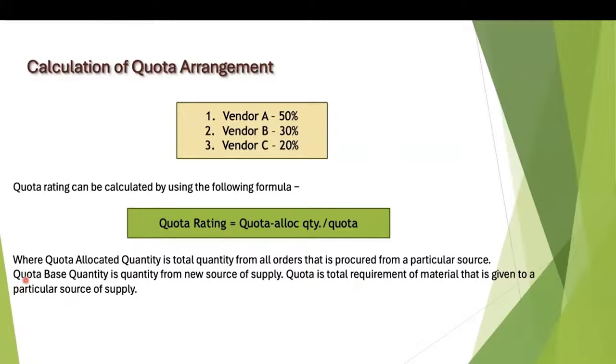If we already have certain orders, that order quantity will also be shown on the screen. I think that is more theoretical, you can read it anyway. I will show in the system what fields will be maintained and how you can manage your quota arrangement functionality for the business requirements.